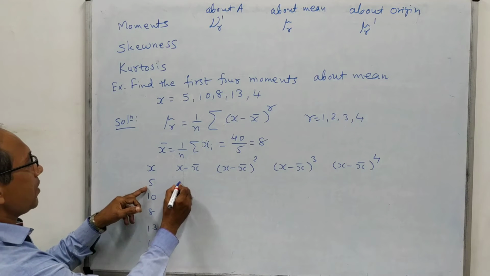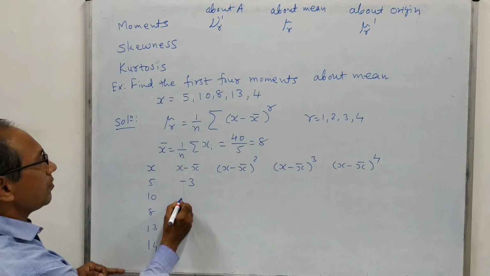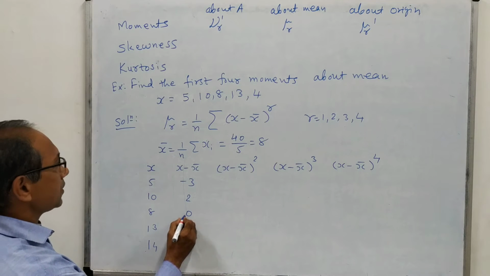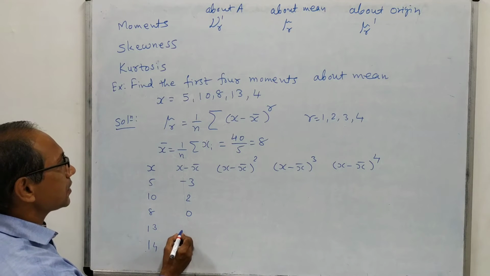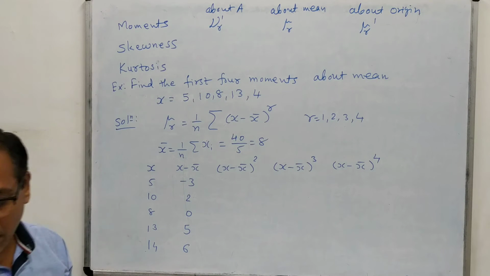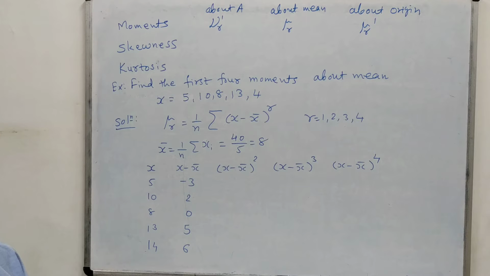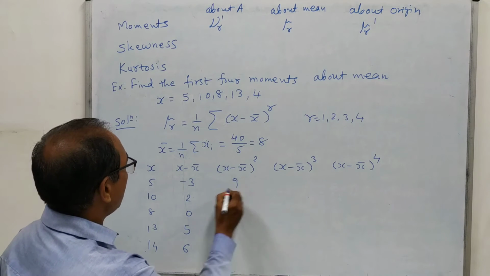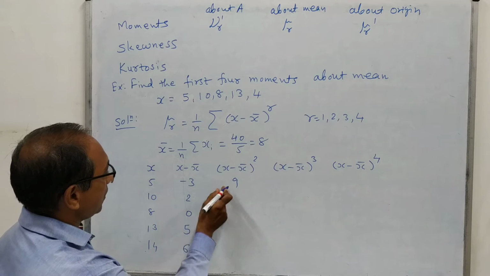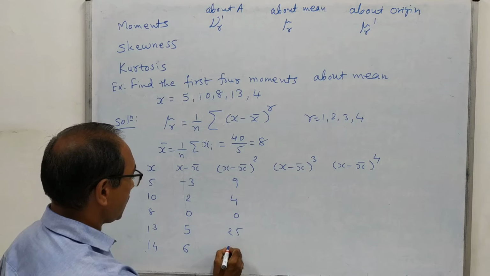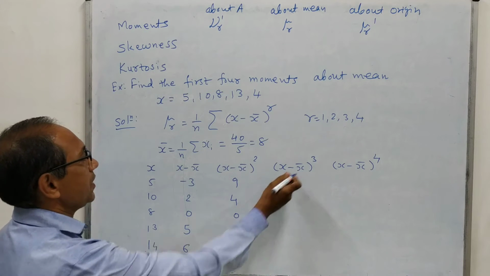So x minus x bar: 5 minus 8 is minus 3, 10 minus 8 is 2, 8 minus 8 is 0, 13 minus 8 is 5, 14 minus 8 is 6. Similarly, x minus x bar whole square is the square of these: 9, 4, 0, 25, 36. Then we will find x minus x bar whole cube.